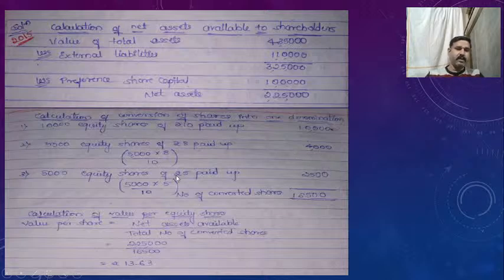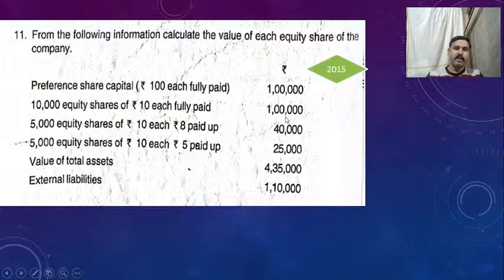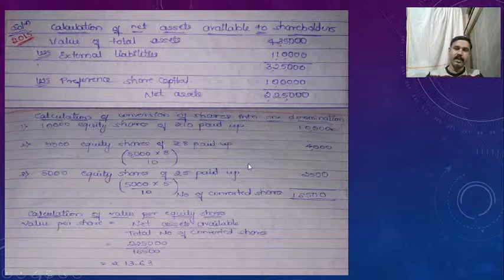Then 5,000 shares of 5 paid up, 5,000 into 5 divided by 10, that is 2,500 shares. So the number of converted shares is 16,500. Multiplying 16,500 into 10, you get 1,65,000, that is your share capital. That is 1 lakh plus 40,000 plus 25,000, 1,65,000. So this conversion is correct.